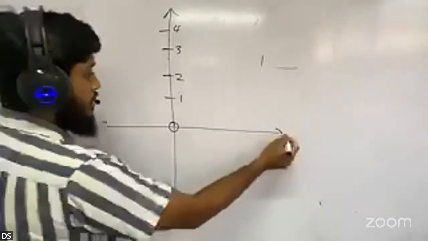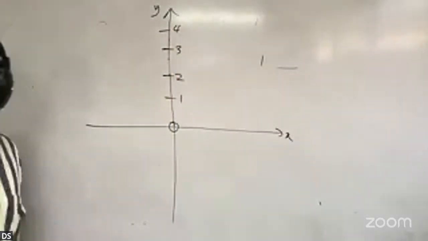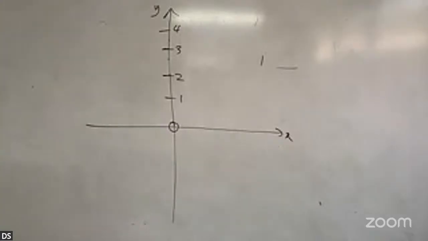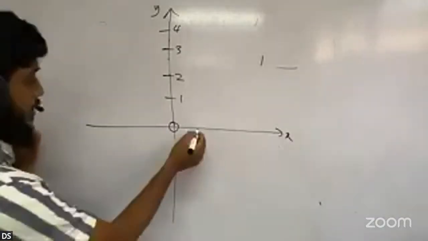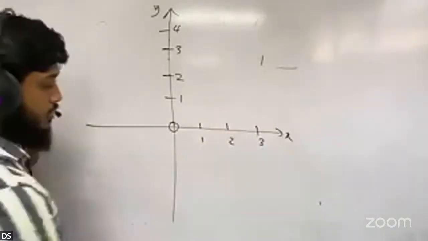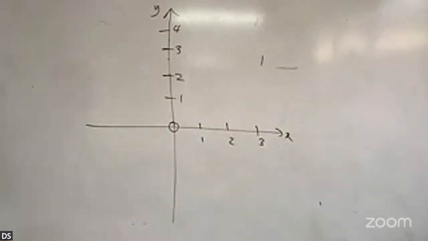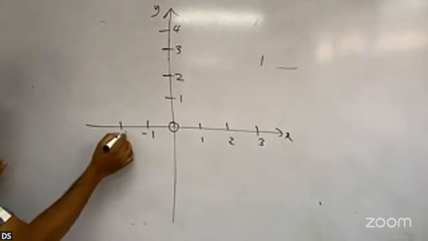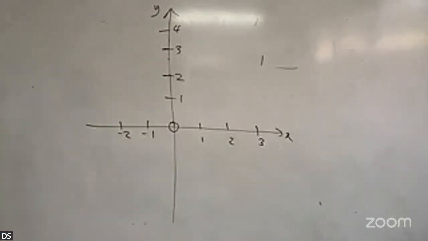Then this is x, this is y. And the x values will go as +1, +2, and +3. This one -1, -2, and -3.